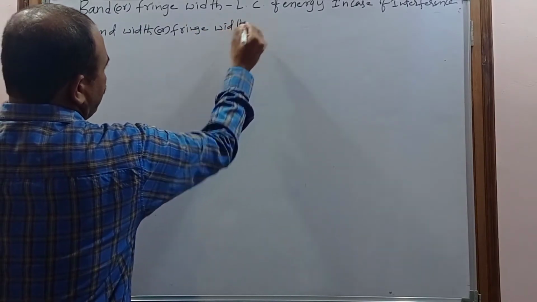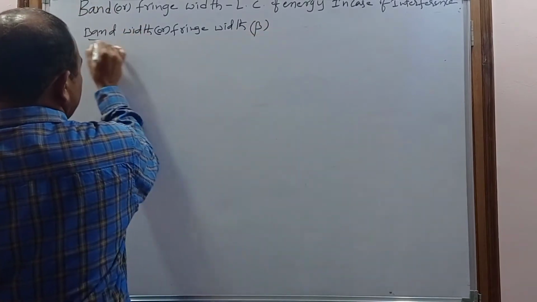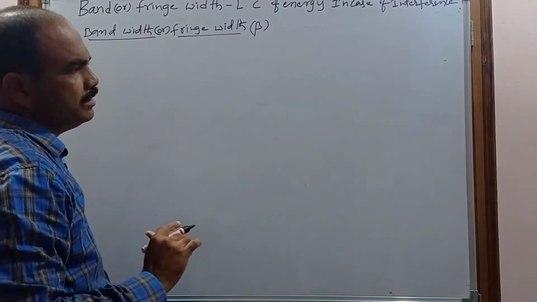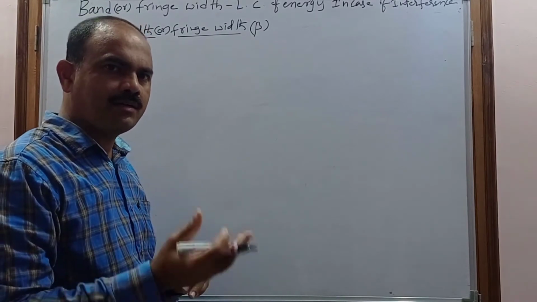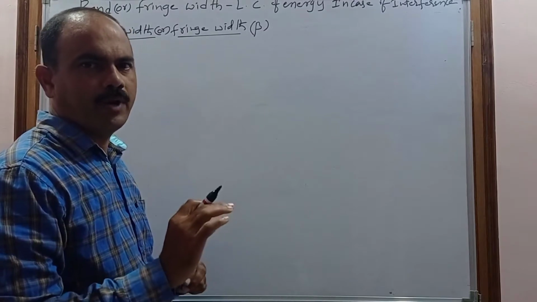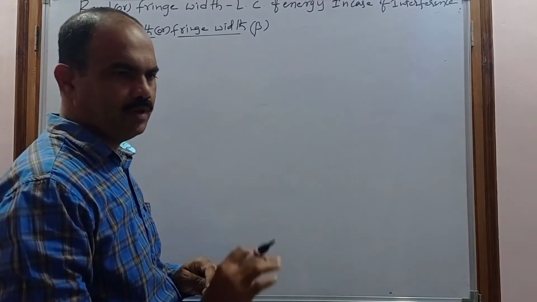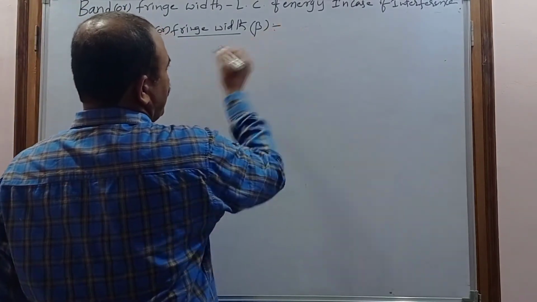It is denoted with the letter beta. The definition of the bandwidth or fringe width is the distance between two adjacent dark fringes or the distance between two adjacent bright fringes. So what is the bandwidth or fringe width?